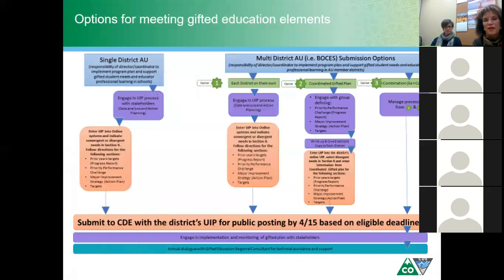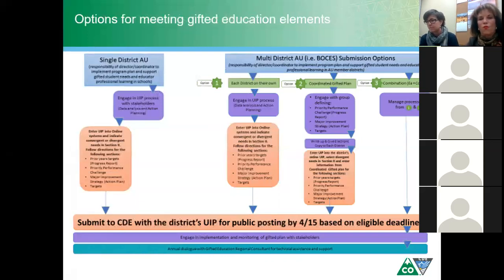You would follow the process set up in your district, and you would enter into the UIP template the 4 main areas being addressed in the district plan for completing the responsibilities. So in a single district AU, it's not simple, but aligned. Yes, we're not saying anything is simple.